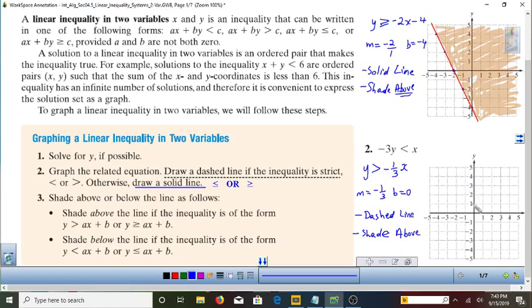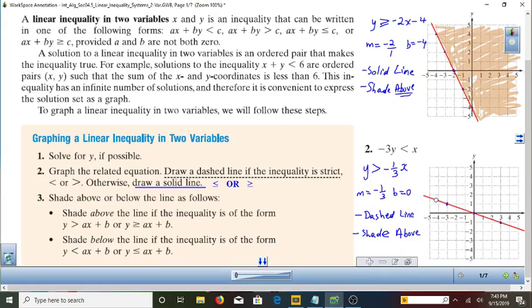So let's start. We start at 0, 0, and then this says go down 1 over to the right 3, or go up 1 over to the left 3. And then we graph our corresponding line. Now, as you can see here, this is supposed to be a dashed line.